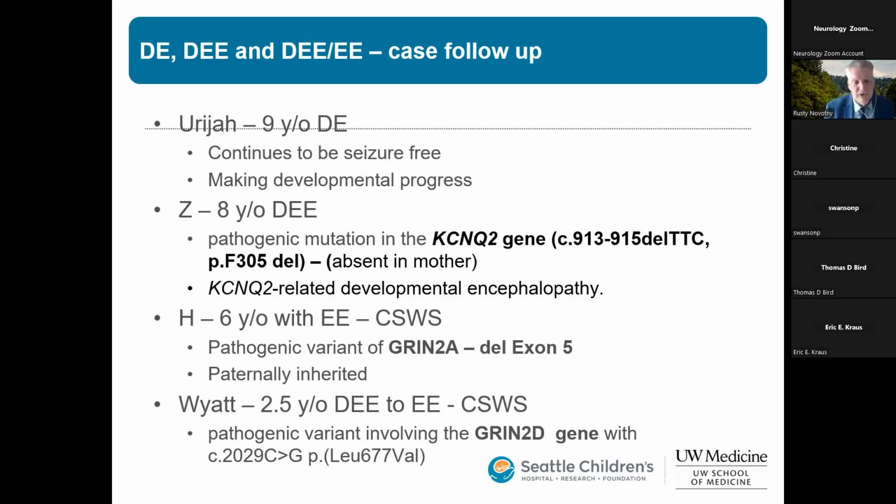And the second boy who had early onset epilepsy in infancy, which was initially a developmental epileptic encephalopathy, changed into an almost continuous epileptic encephalopathy with continuous spike wave of sleep. He also has a pathogenic variant of GRIN2D. His seizures are better, but he has significant developmental delays with relatively fair control of his seizures at this point.